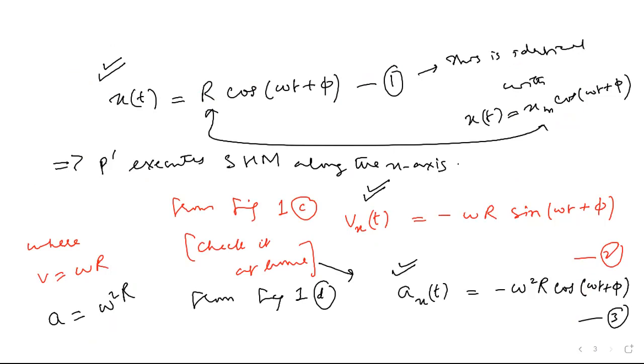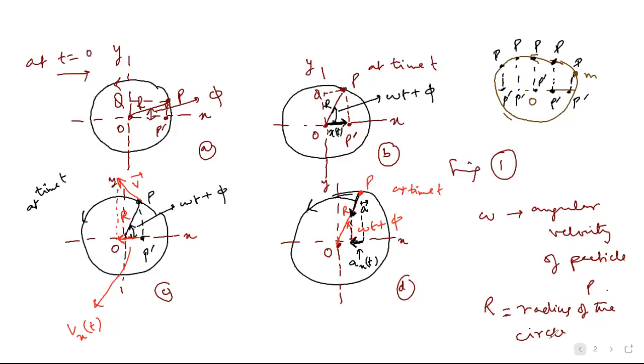So they match the equations of simple harmonic motion. It is mathematically established that if particle P goes along a circle at constant speed, then its projection on the diameter, P prime, is executing simple harmonic motion. Now let us move to another projection, which is on the y-axis. Since the circle lies in the xy plane, there is another projection of P on the y-axis.